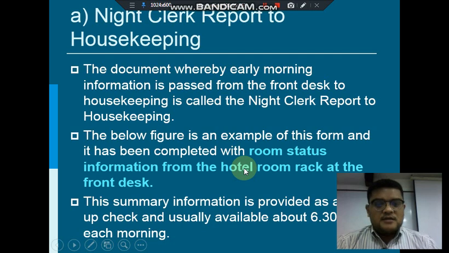What is room rack? Room rack is actually the room list with status. Guys, if you don't know what is rack, it means list. Room list that you find from the system, they call it room rack. So this information usually will be available around 6:30 in the morning.